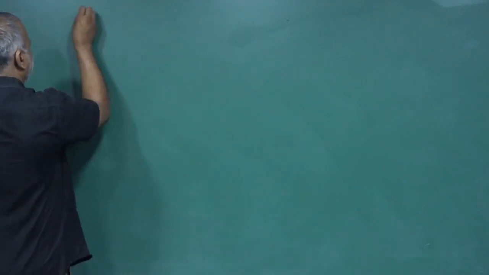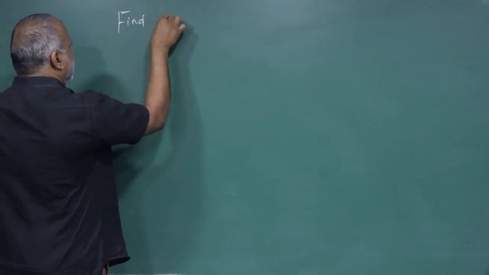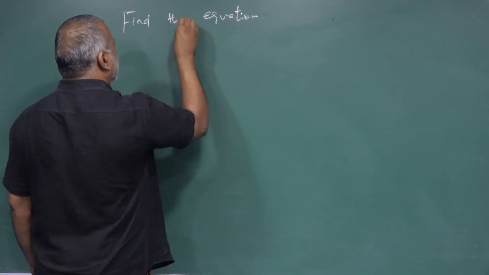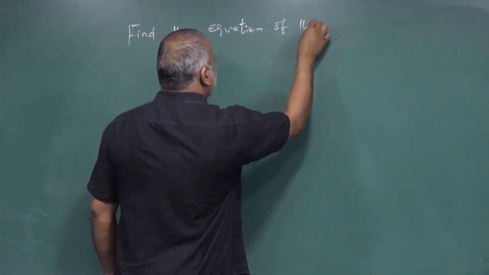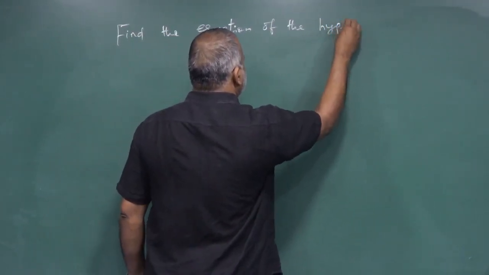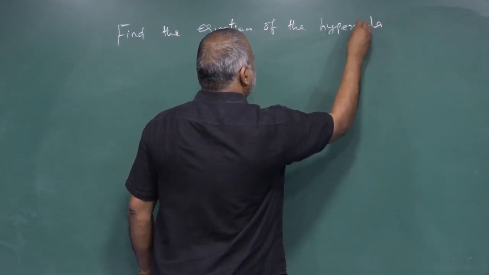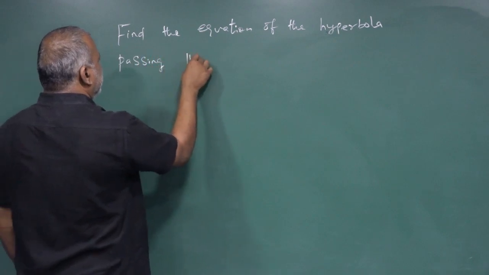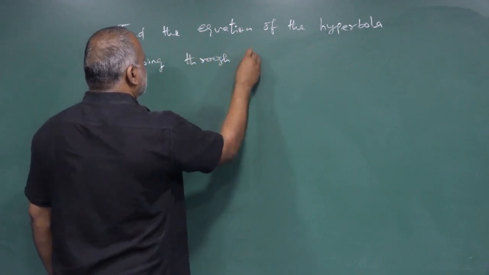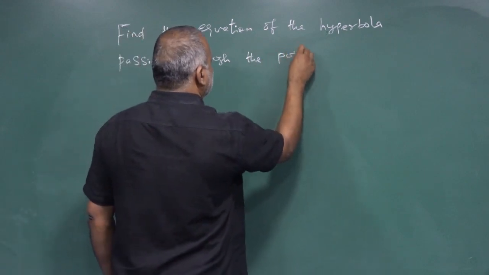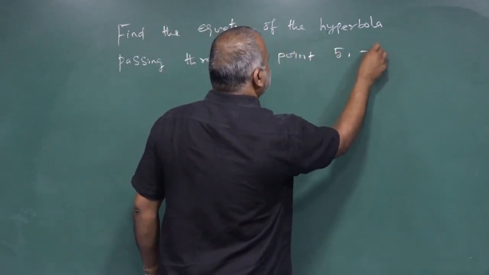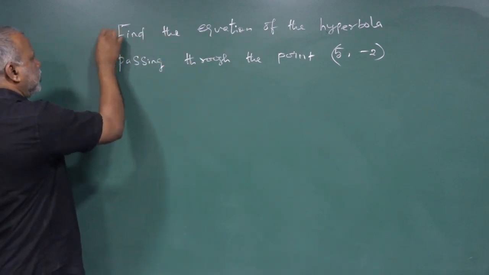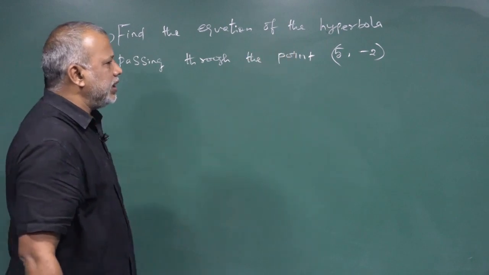See the question. Find the equation of the hyperbola passing through the point 5, minus 2.